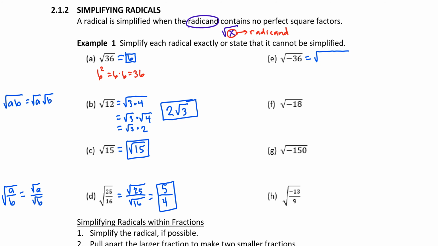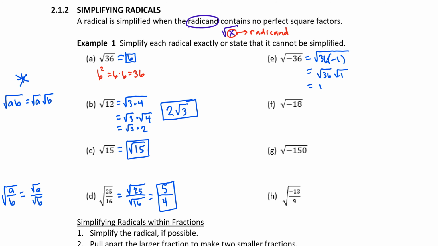Now, let's think of negative 36 as 36 times negative 1. So I'm just going to rewrite our radical, 36 times negative 1. Using our rule for the square root of a product, we can write that as the square root of 36 times the square root of negative 1.